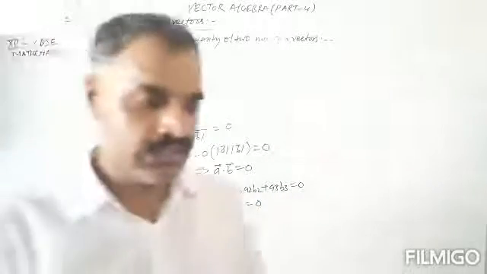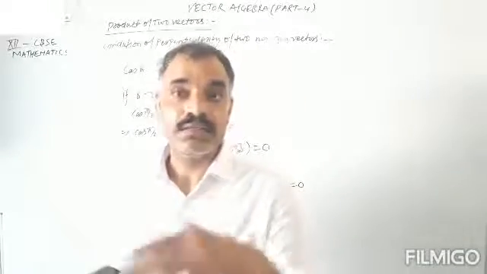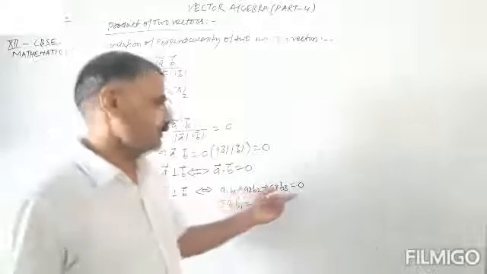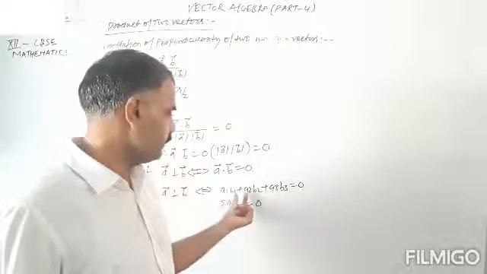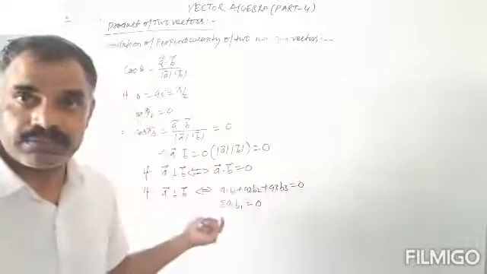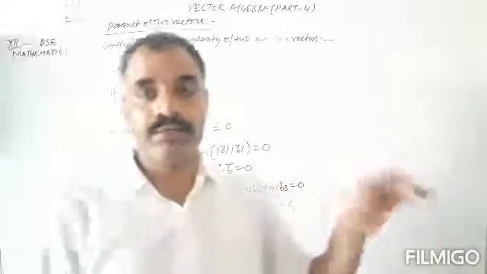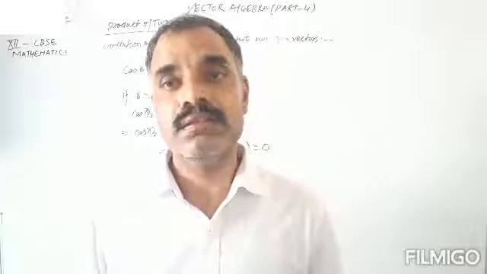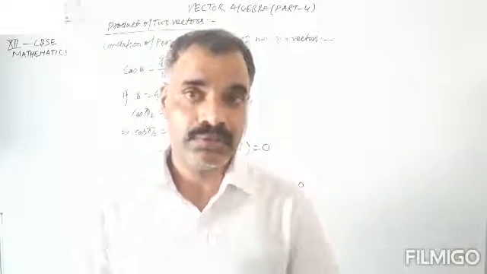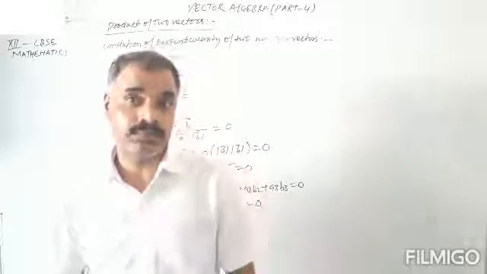This relation is vice versa. Vice versa means if the dot product is equal to 0, means a1 b1 plus a2 b2 plus a3 b3 equals 0, then both the vectors are perpendicular, and if vectors are perpendicular, then this sum of products is equal to 0. So this is the condition of perpendicularity.